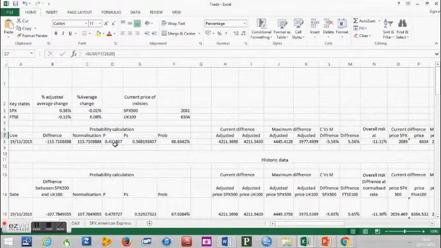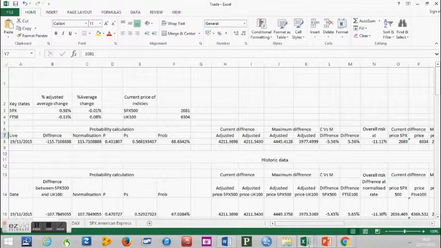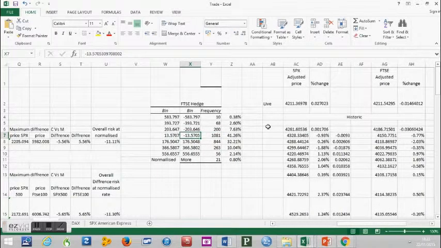We take this normalization figure, and we work out where it is in this box, because as you know, that's minus 13, which is the midpoint, and minus 115 lies between these 2 points, minus 13 and minus 203.